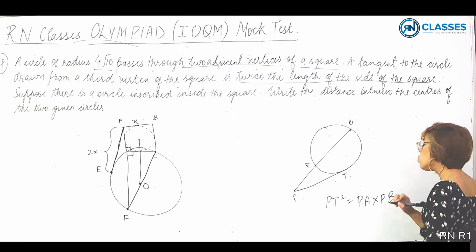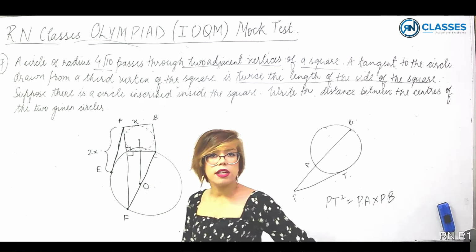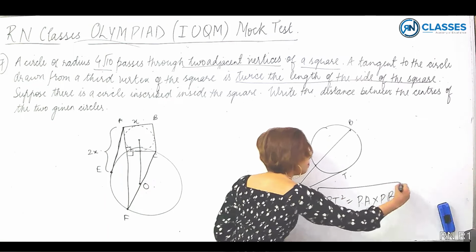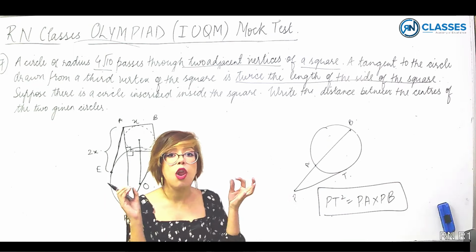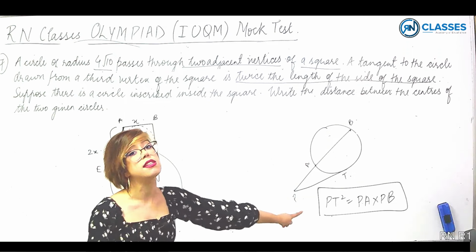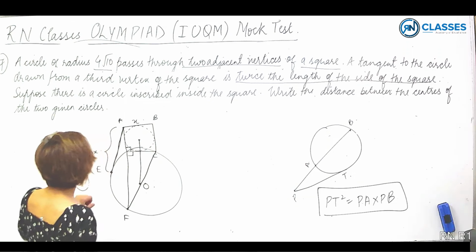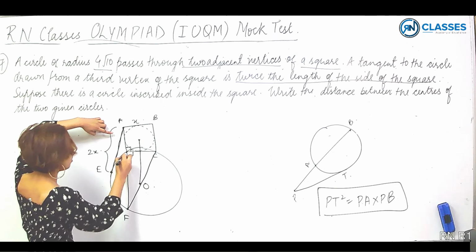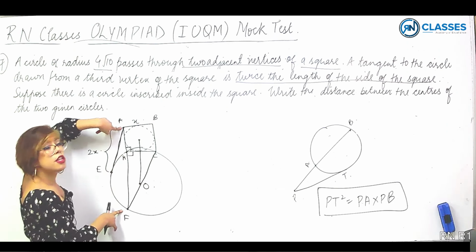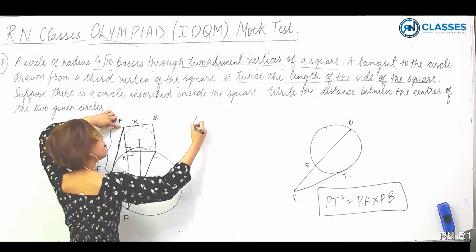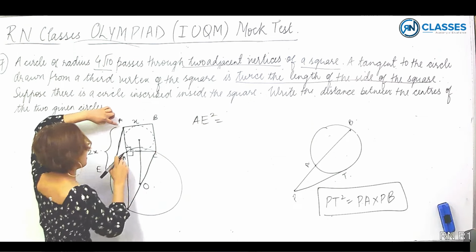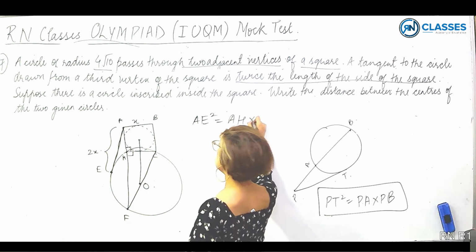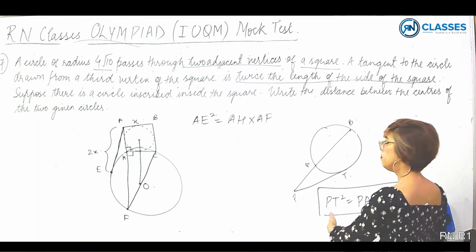This can be easily proved with similarity, obviously, ratio of sides is given. This is a very important result. In a circle, if the tangent is there, always look where you can have a secant, because this result might be used. Right? So AE is the tangent and let me name this point to be H. I have AH and AS. So I can say that AE square is equal to AH into AS. Same result.